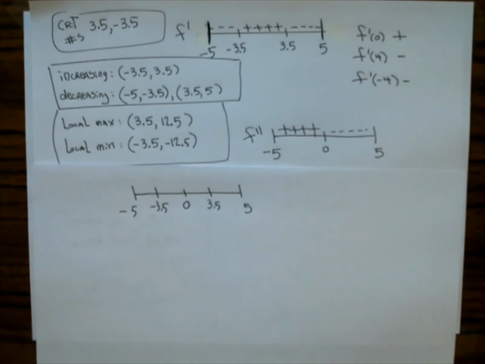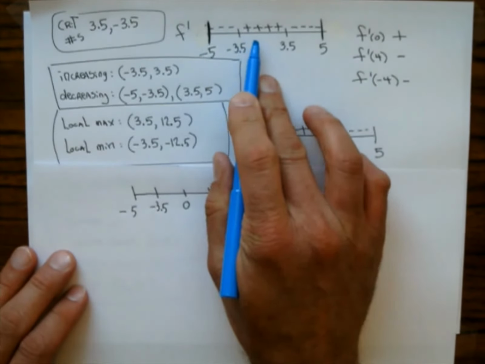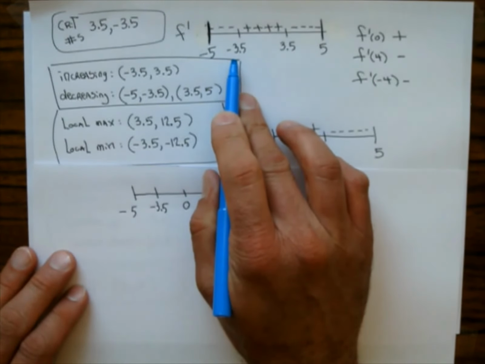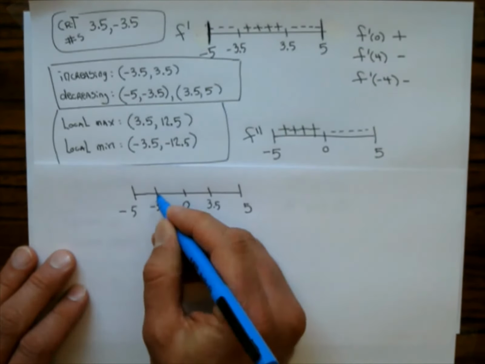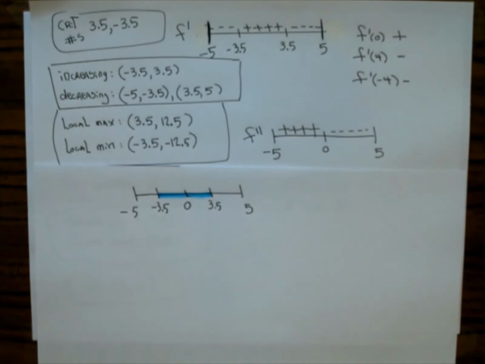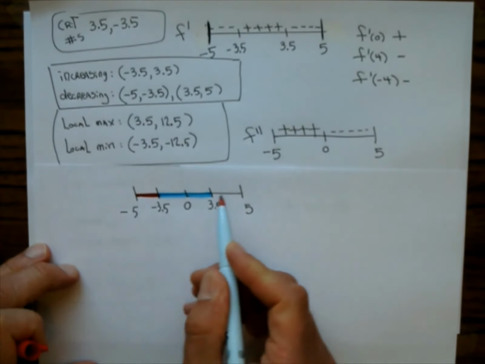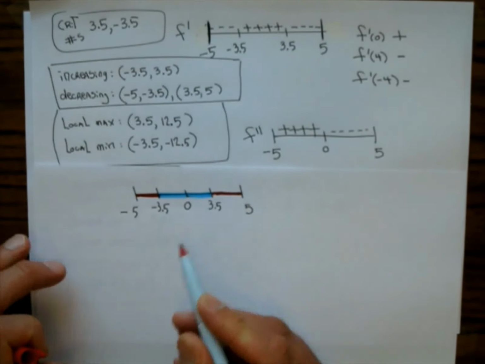Okay, so let's look at the increasing, decreasing using red and blue. Let's do increasing with the blue. It's increasing between negative 3.5 and 3.5, so I'll make this blue. And it is decreasing everywhere else, so it's going down there and right there.